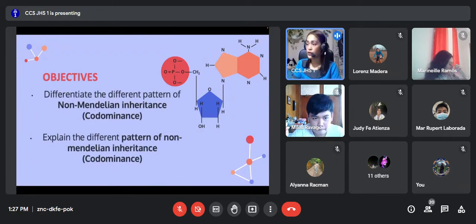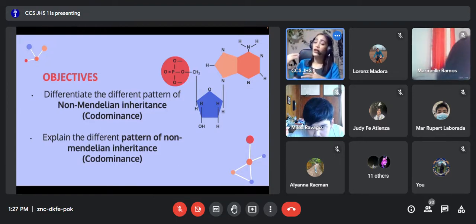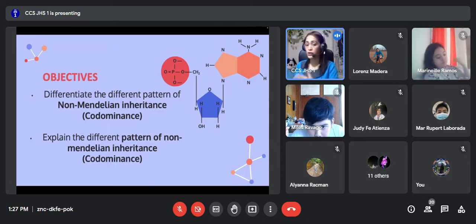Now, take note that all the things that we have been discussing since the first session are about patterns of inheritance, meaning a certain trend, how a specific characteristic is inherited from one generation to the next.